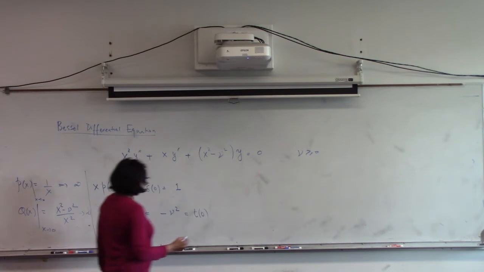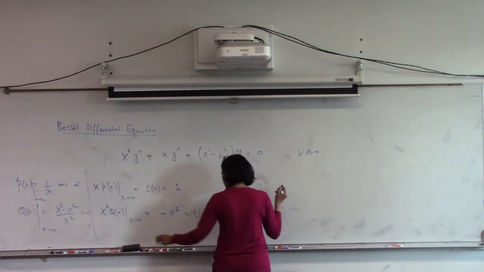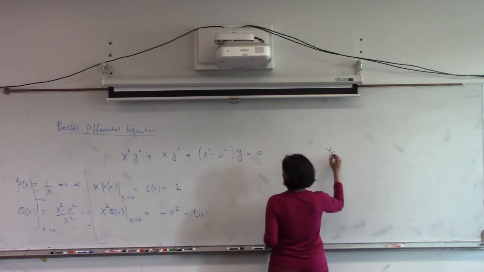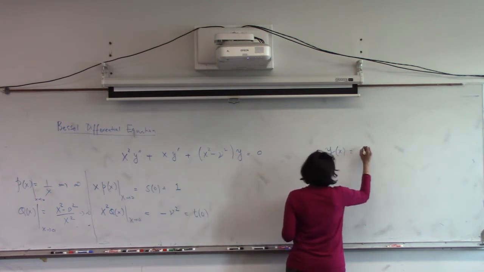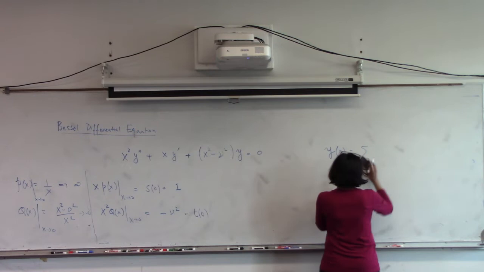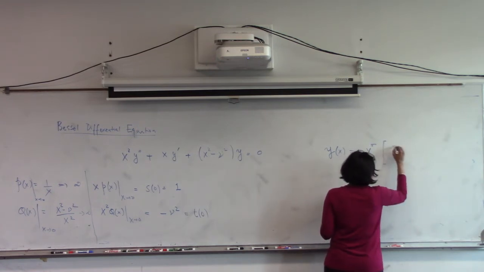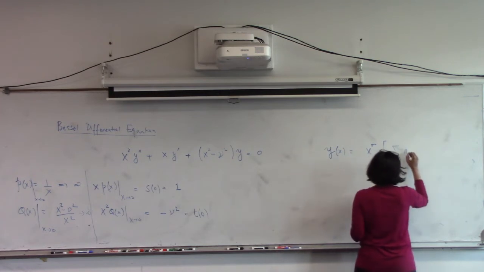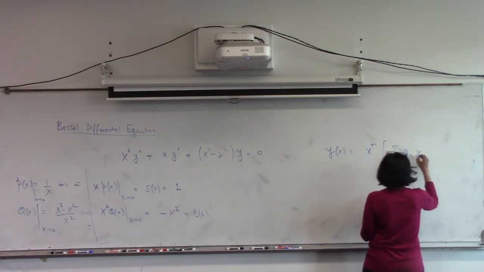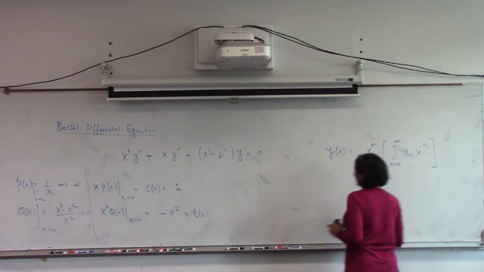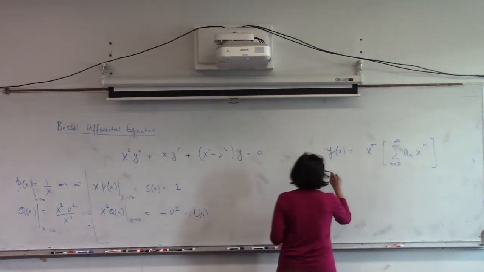So for the Frobenius series, how do you propose the starting point? y of x is the summation of a n times x to the power n plus sigma, with n going from 0 to infinity. The independent variable is x. You know the procedure now.